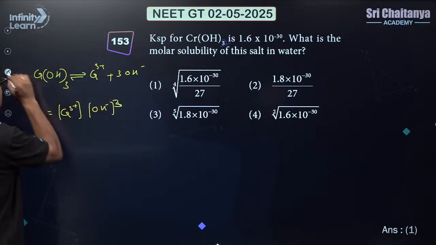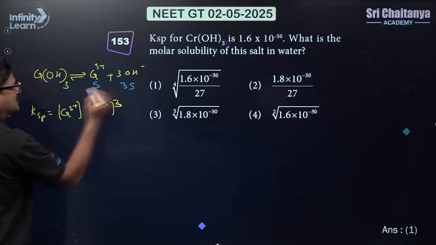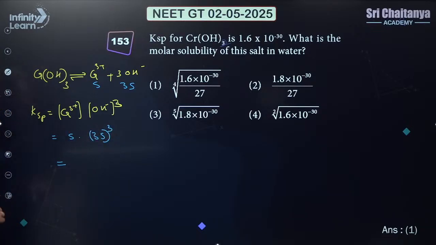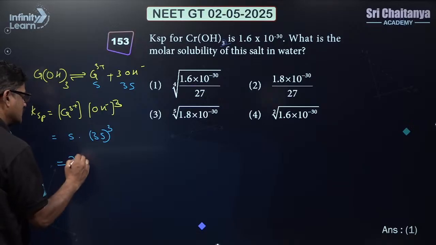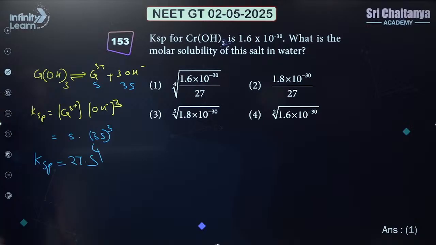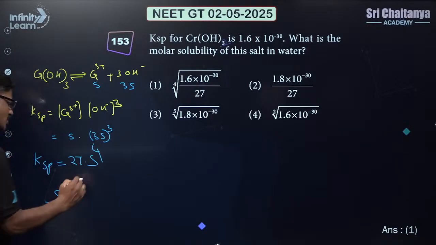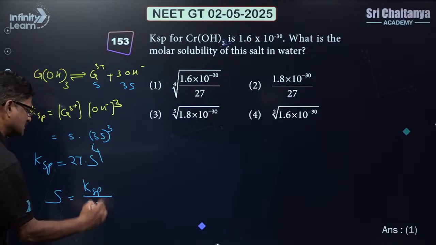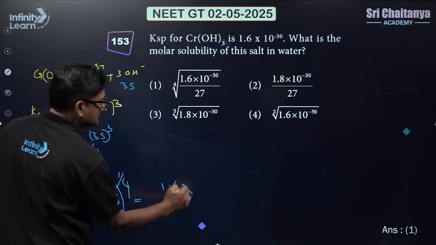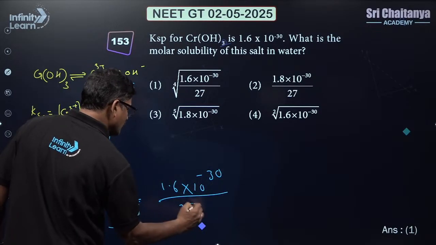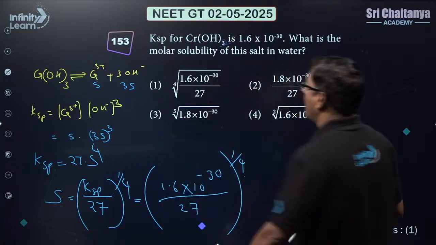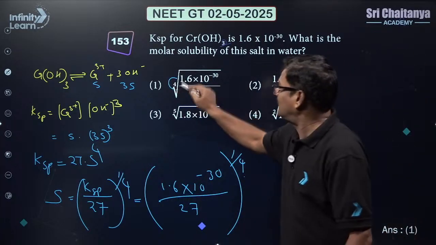This is going to be S times 3S cubed, so you can say 27 S to the power 4 is the KSP. So you can calculate S is equal to KSP by 27 to the power 1 by 4. KSP is given as 1.6 into 10 power minus 30, divided by 27, to the power 1 by 4. Understand? So the answer is the fourth root, which is given now. Right?